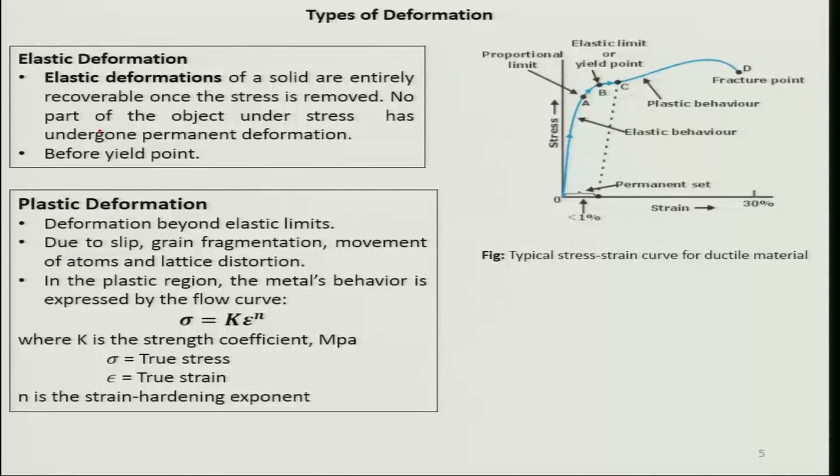Now having said that, the important term which is associated with all this is deformation. And as we all know, there is a very famous stress strain curve for any ductile material as represented here.